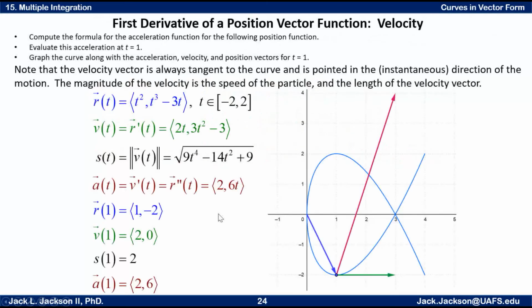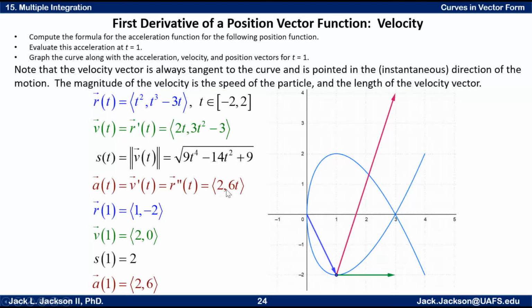So if we were to apply this to our problem example that we have, remember we had r of t is t squared, comma, t cubed minus 3t. We did derivatives to find the velocity vector, r prime of t was 2t, comma, 3t squared minus 3. Take another derivative, and we get 2, comma, 6t for the acceleration vector, and that's as a function of t.